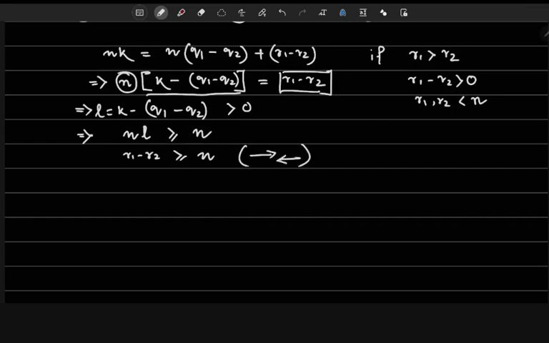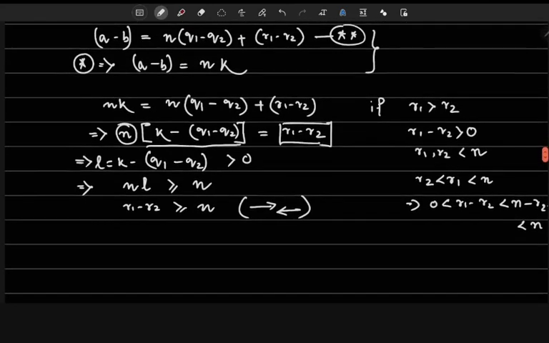right? Because if r1 is greater than r2, both are less than n, then 0 is less than r1 minus r2, which is strictly less than n. This is a contradiction.